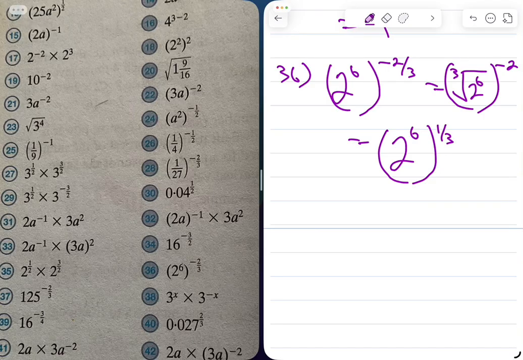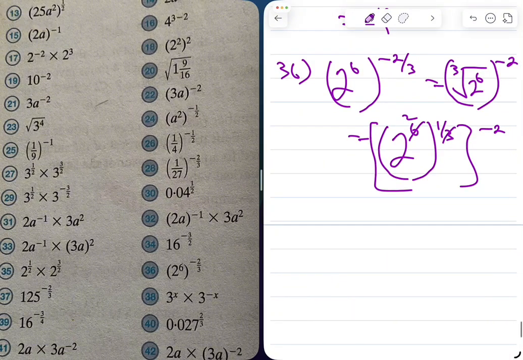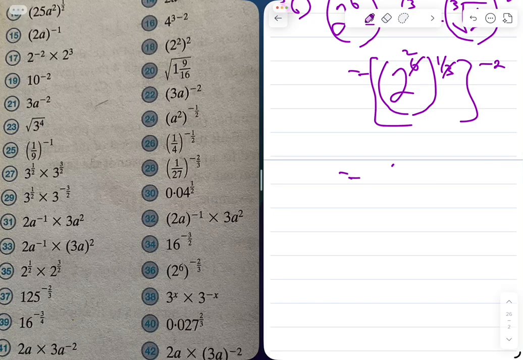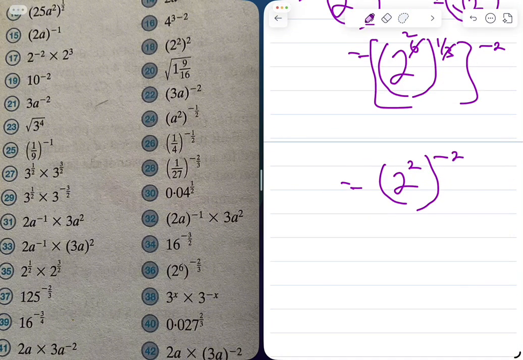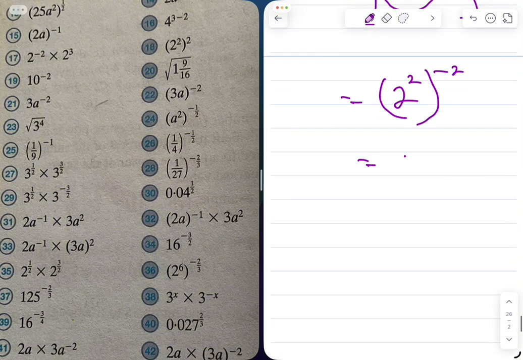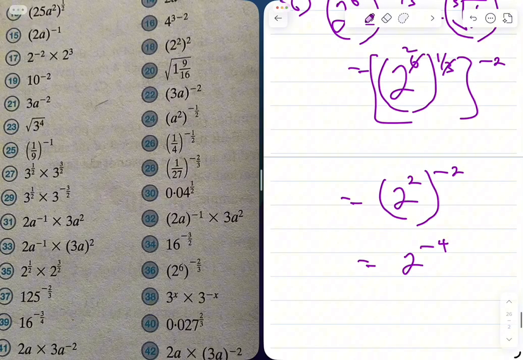Cube root means raised to power 1 over 3. I can do that this way, and the whole of that raised to power minus 2. So 3 into 6 gives 2, which simply means 2 raised to power 2, and now raised to power minus 2, which means 2 raised to power minus 4.